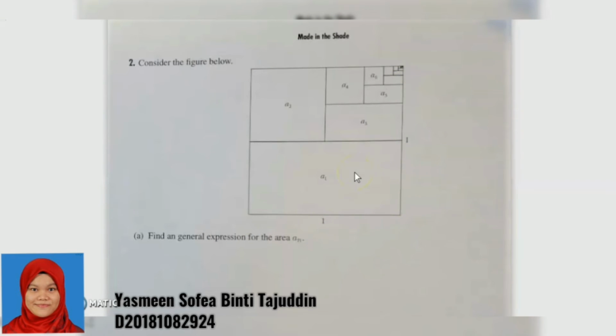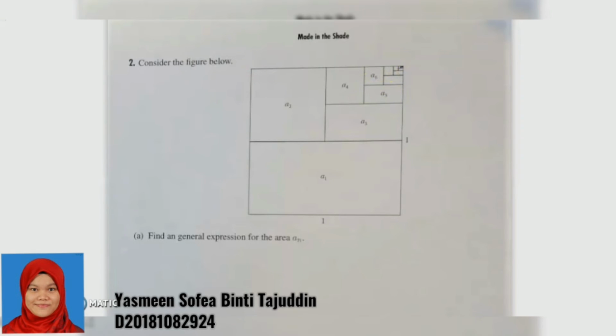From the figure, we denote A1 as half of the overall square, A2 is half of A1, A3 is half of A2, A4 is half of A3, A5 is half of A4, and A6 is half of A5.